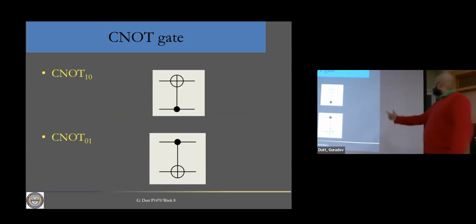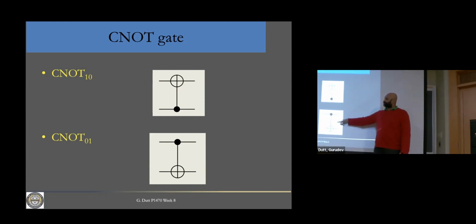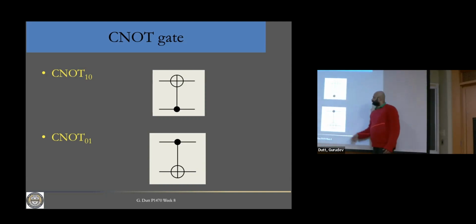So the two symbols will look different. This is the one I just introduced, which is the bottom wire or left qubit is the control, and the right qubit, which is the top wire, is the target. And this symbol is the one I have newly introduced, which is C naught 0, 1. Again, that means that the right qubit, which is the topmost wire, is the control, and the bottom wire, which is the left qubit, is the target.